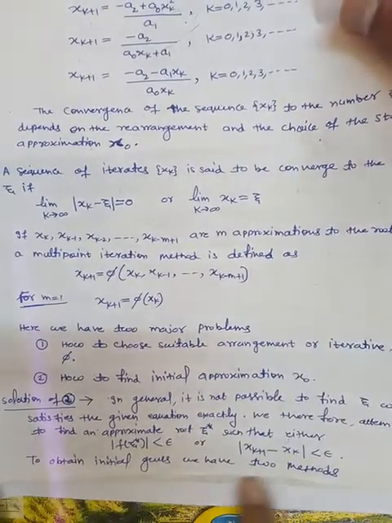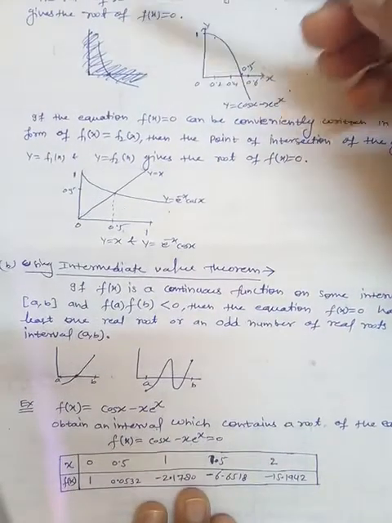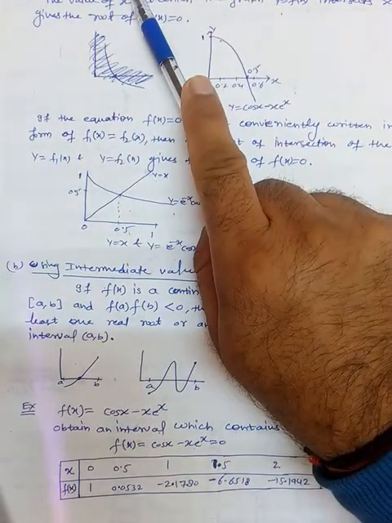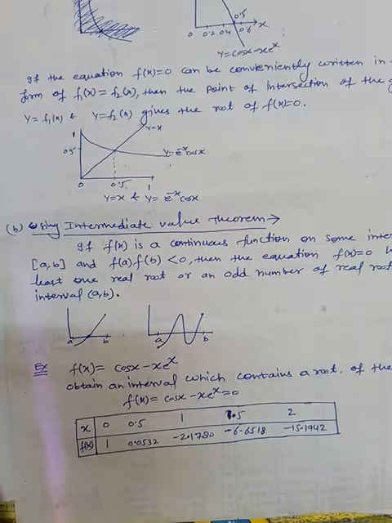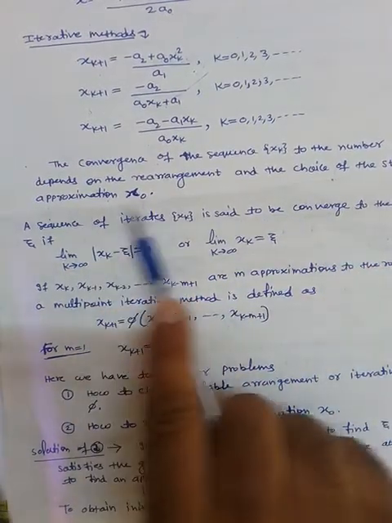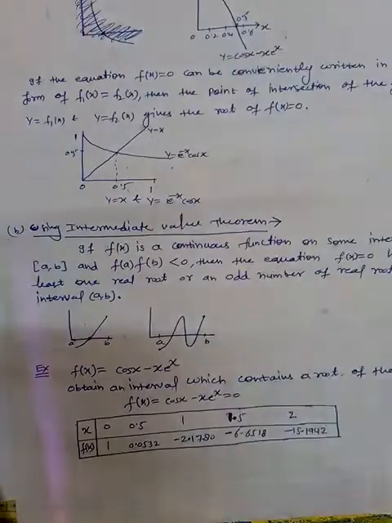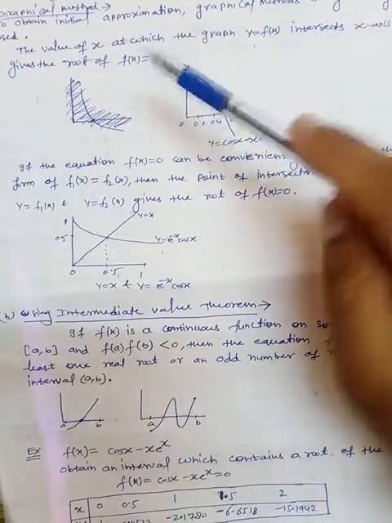now to obtain the initial guess, here we have two methods. One is the graphical method, another one is the intermediate value theorem. Because our target is to find out the initial guess, the initial choice x naught. How to find out this initial choice? So one way is the graphical way, another one is the intermediate value theorem. What is the graphical way?